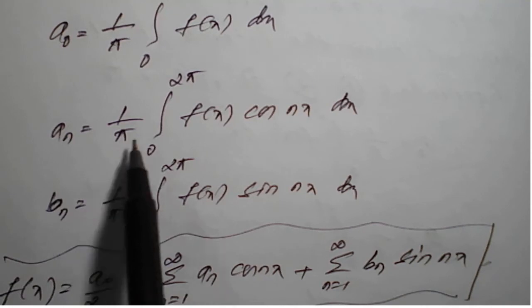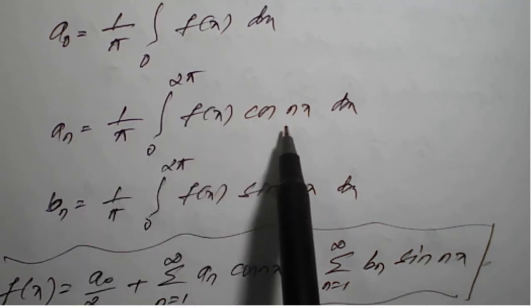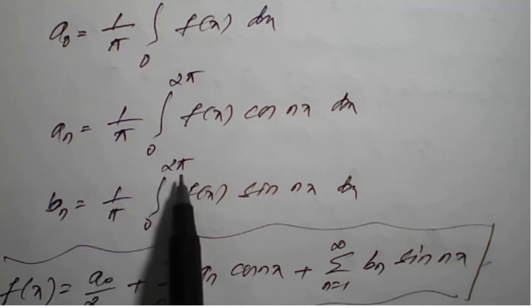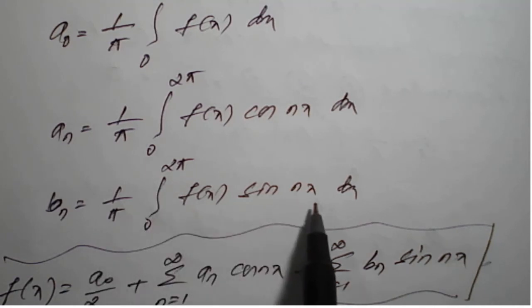The an value is 1 upon pi integration 0 to 2 pi f of x cos nx dx, and the bn value is 1 upon pi integration 0 to 2 pi f of x sin nx dx. This we need to remember. This case we have taken when L is equal to pi. Next case we'll see here.